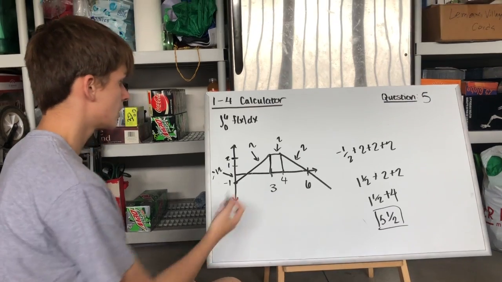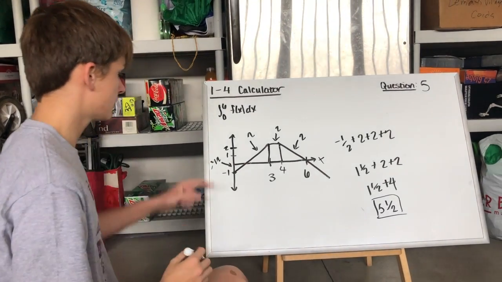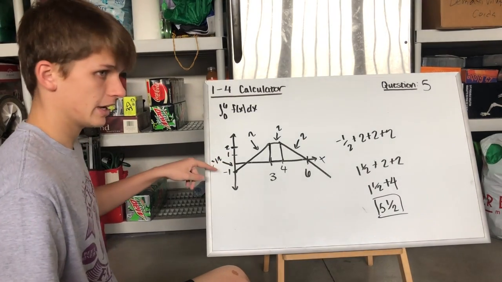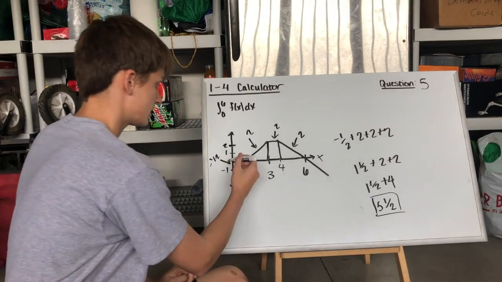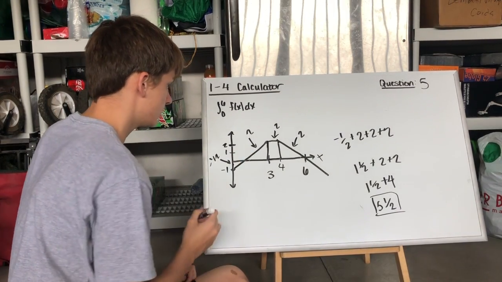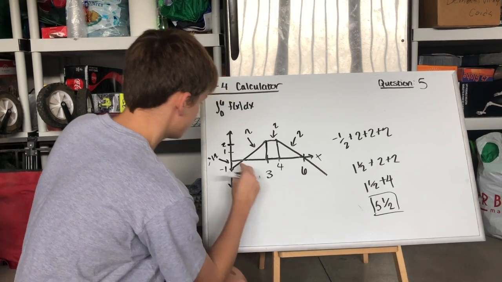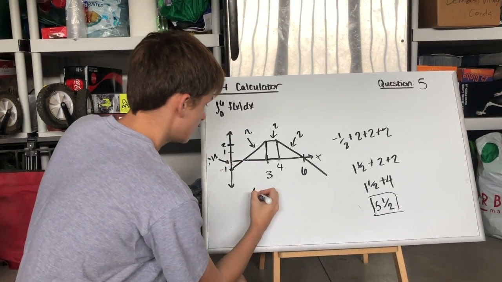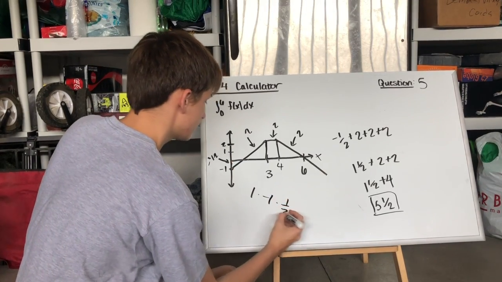But then right here, since we're starting underneath the x-axis, this will actually be a negative in our total area. So this has a height of 1 and a base of 1. So we get 1 because this is positive, times negative 1 because this is negative, times 1/2.